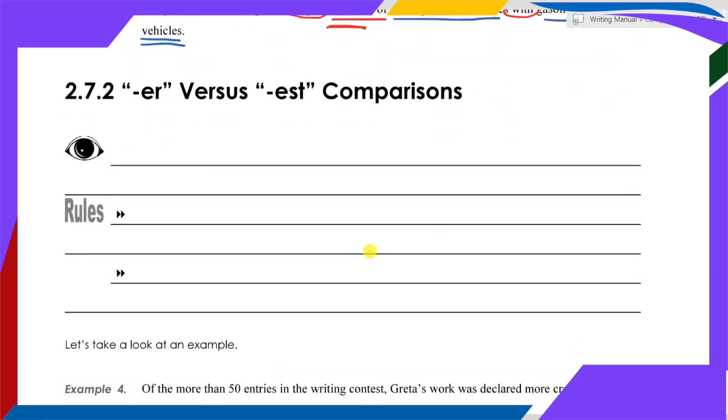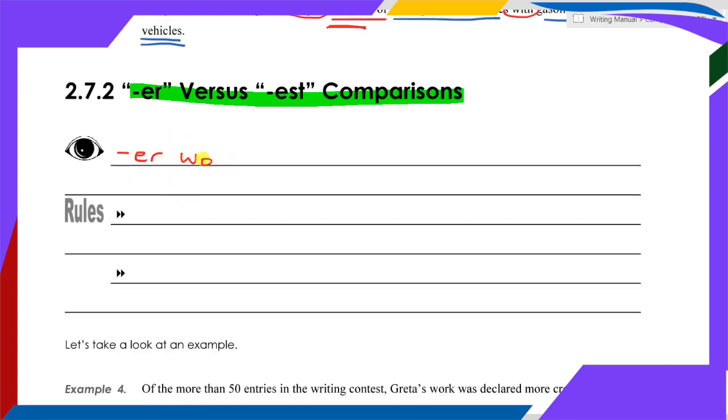On to the next comparison issue. We have ER versus EST comparisons. This is just another comparison issue that can show up on the test. The tip-off clue for this is ER words or more. Sorry, that really should say ER words. My fault. Let's get that in there.